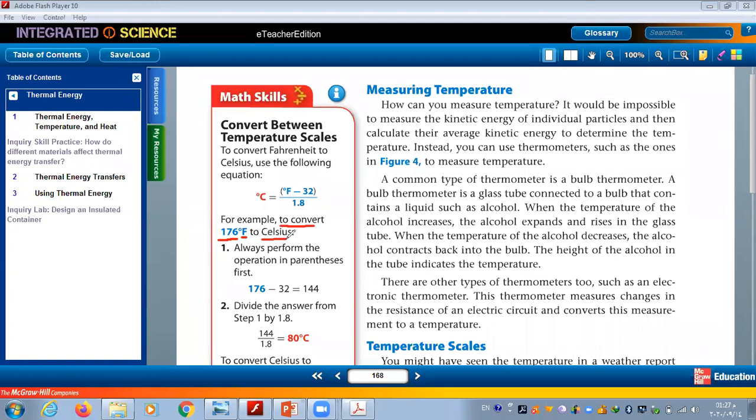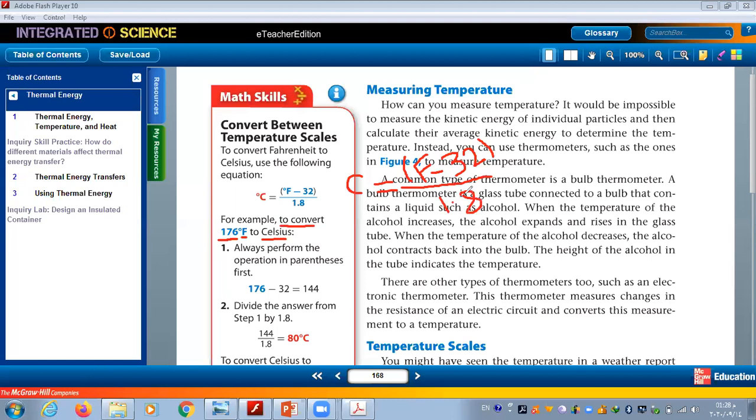So now we want to convert from Fahrenheit to Celsius. When you write the law, you start with Celsius equals, because that is what is asked for. So Celsius equals, open a bracket, the degree of Fahrenheit, F, here it is 176, minus 32, close the brackets, over 1.8.